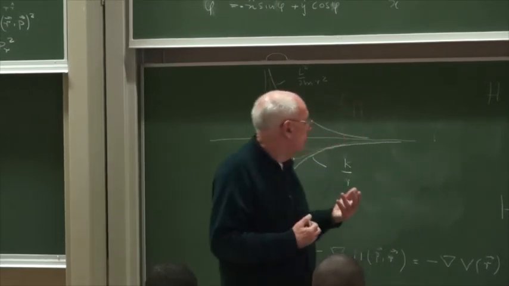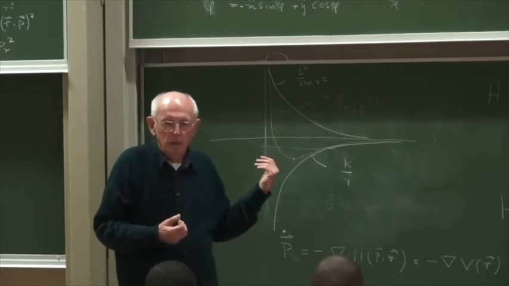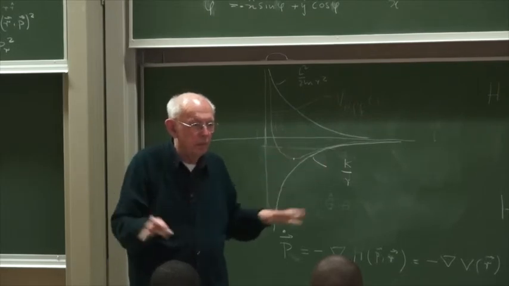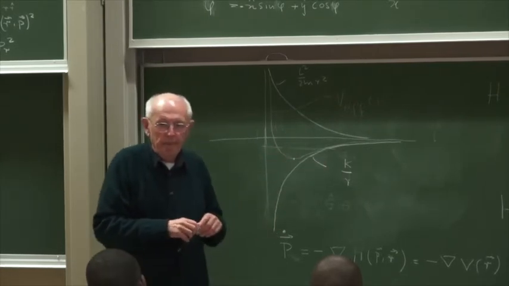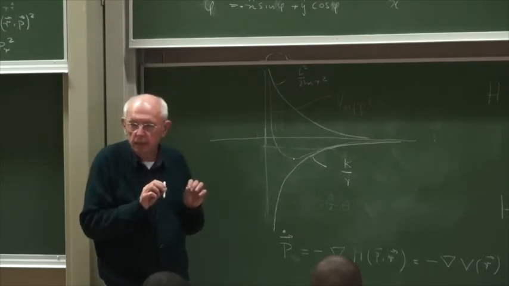And normally people don't tell you the planetary movement in this way. They start off with the ellipse, but this is the way the ellipse, you can say, is being created.